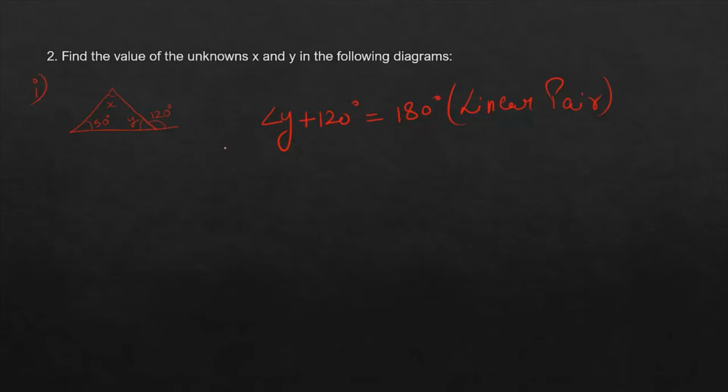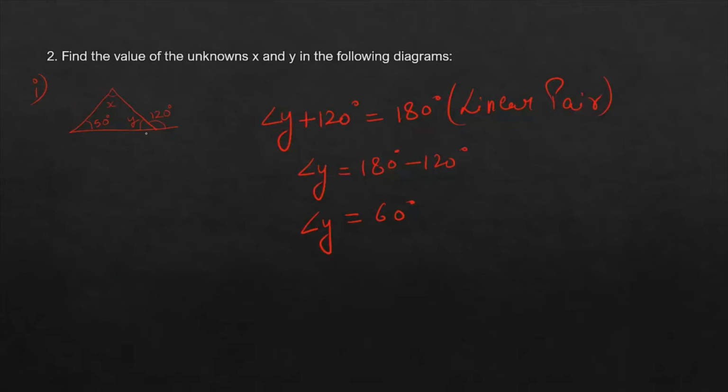right? So angle y is equals to 180 degrees minus 120 degrees, which is equals to 60 degrees. So angle y की value हमारे पास आ गई 60 degree. Now if we have to find the value of angle x, we can do it in two different ways.